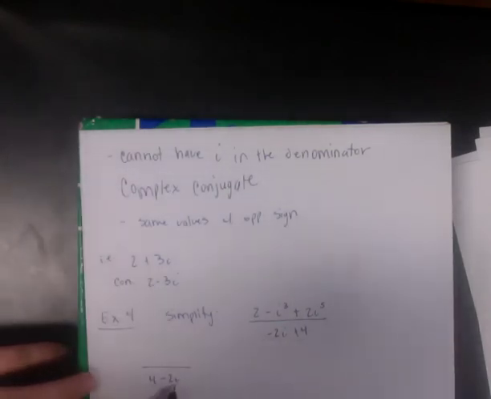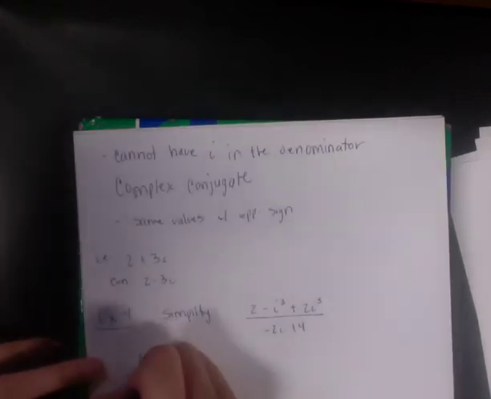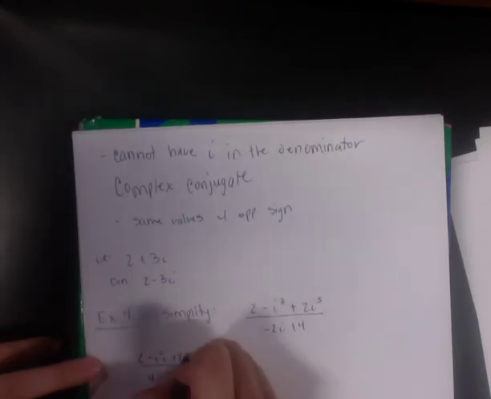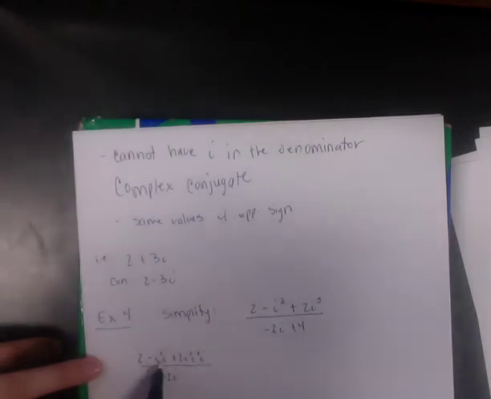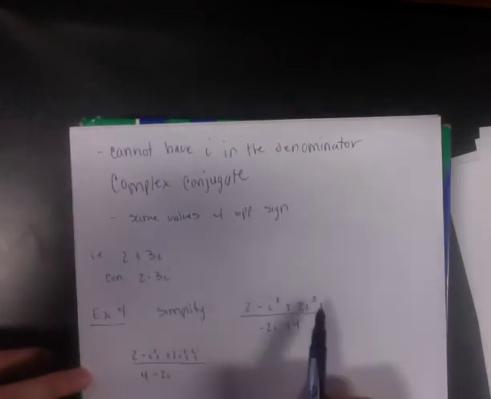Remember, you have your real portion, then your imaginary portion. And on top, I'm going to rewrite it as 2 minus i squared i plus 2 times i squared i. If we have two things of the same base being multiplied, we add their powers. So i cubed, I can write as i squared i. i to the 5, I can write as i squared i.